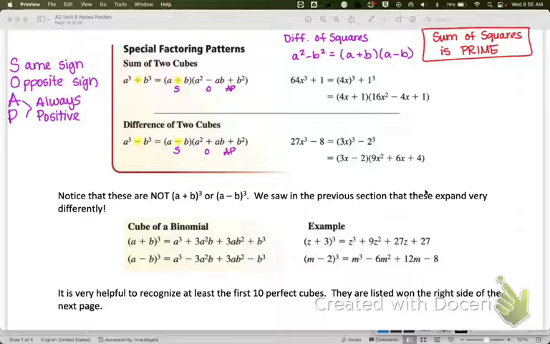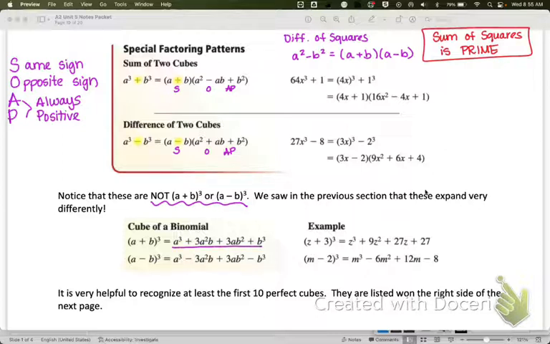so you can commit that to your brain. Now, an important thing to remember is that A cubed plus B cubed does not factor to A plus B cubed or A minus B cubed similarly, okay? We saw when we multiplied polynomials that the cube of a binomial comes from Pascal's triangle, and that gives us a completely different answer, okay?